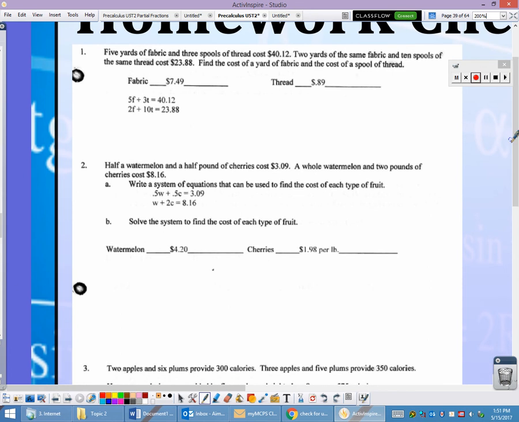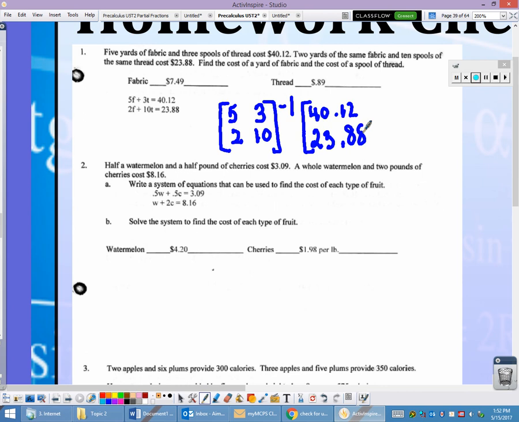So first of all, in number 1, you get the systems of equations 5f plus 3t equals 40.12 and 2f plus 10t equals 23.88. When you solve that system using matrices, you should be using the matrix [5, 3; 2, 10], multiplying the inverse of that, which is matrix A, times matrix B, which is $40.12 and $23.88.